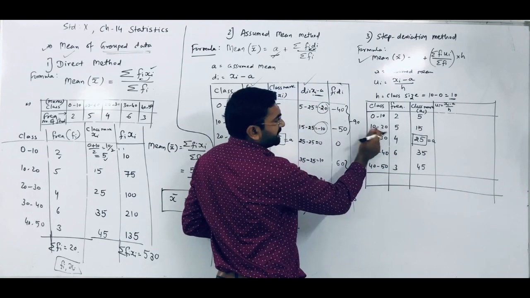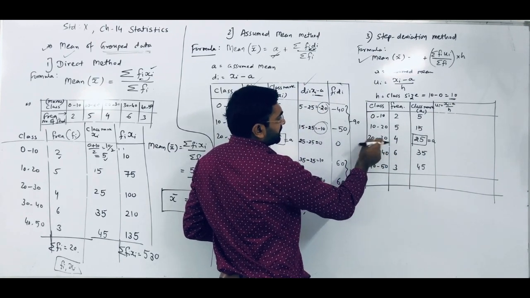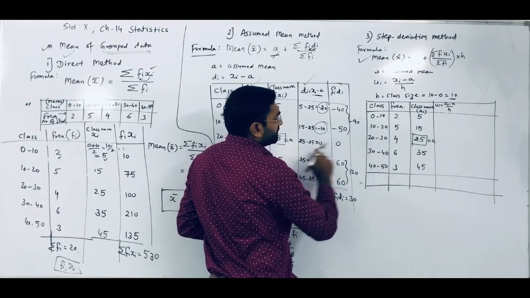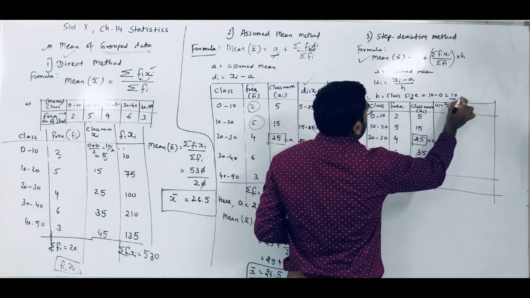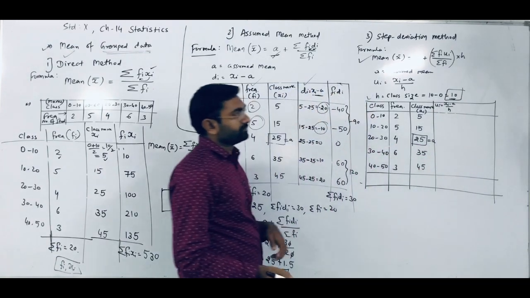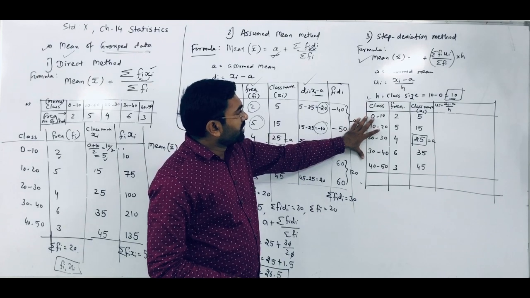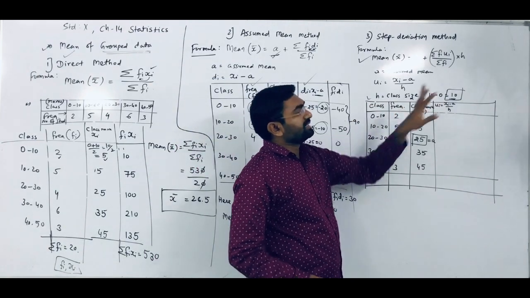Each and every class, 20 minus 10, we get 10. 30 minus 20, we get 10. 40 minus 30, we get 10. 50 minus 40, we get 10. So each and every class size is what? 10. Right?